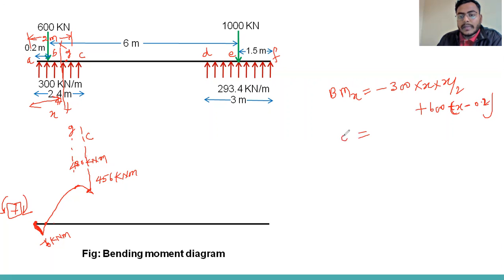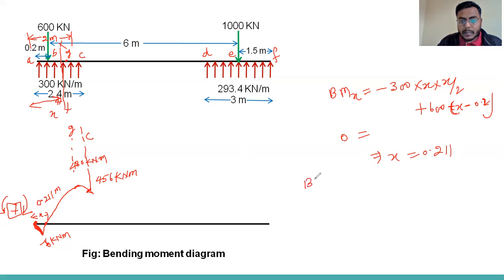So by equating this value to 0, we can get the value of X. By putting this bending moment equal to 0, we get the X value, and the X value is 0.211. So it will be somewhere here, X, 0.211 meter. So here the bending moment will be 0.